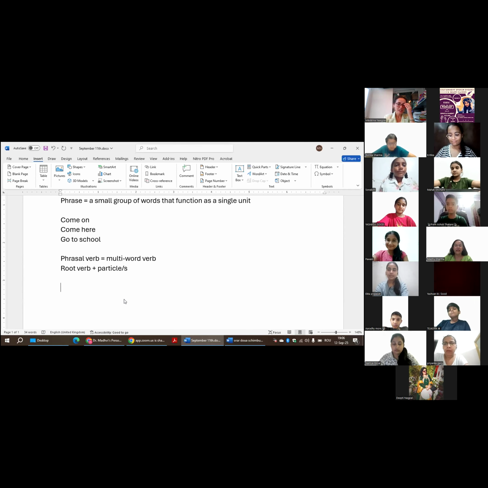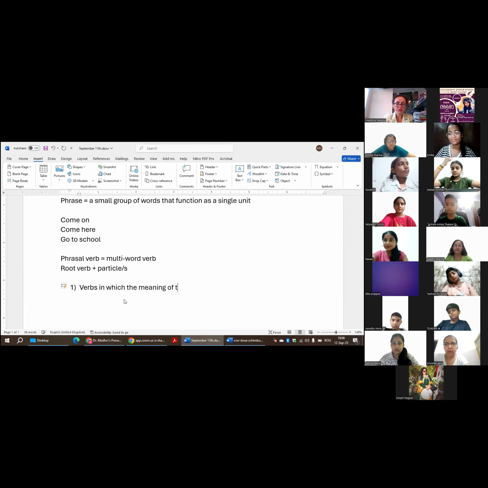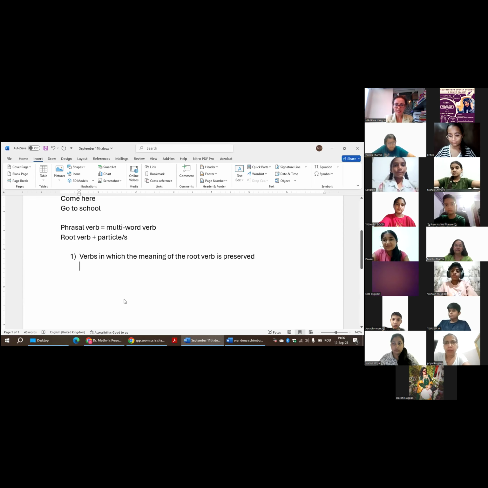Let's start with the first category. Number one, verbs in which the meaning of the root verb is preserved. And we will give some examples.